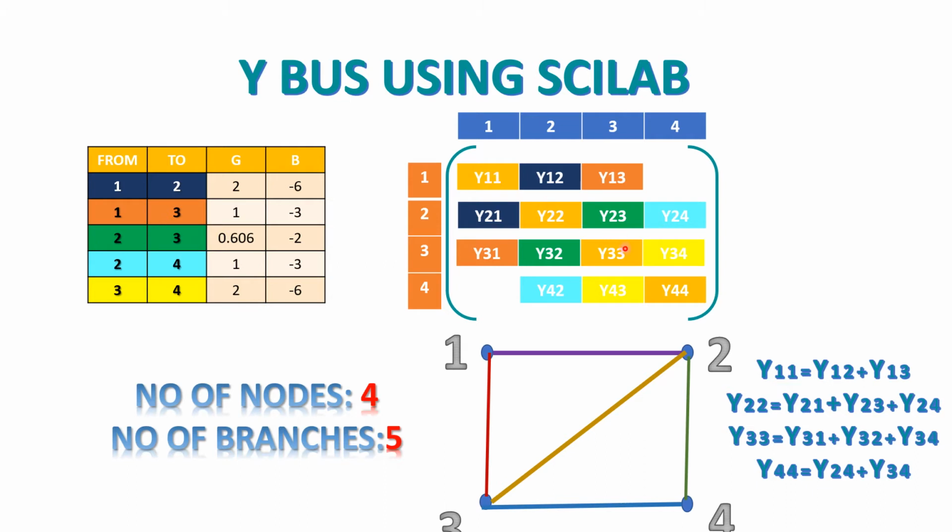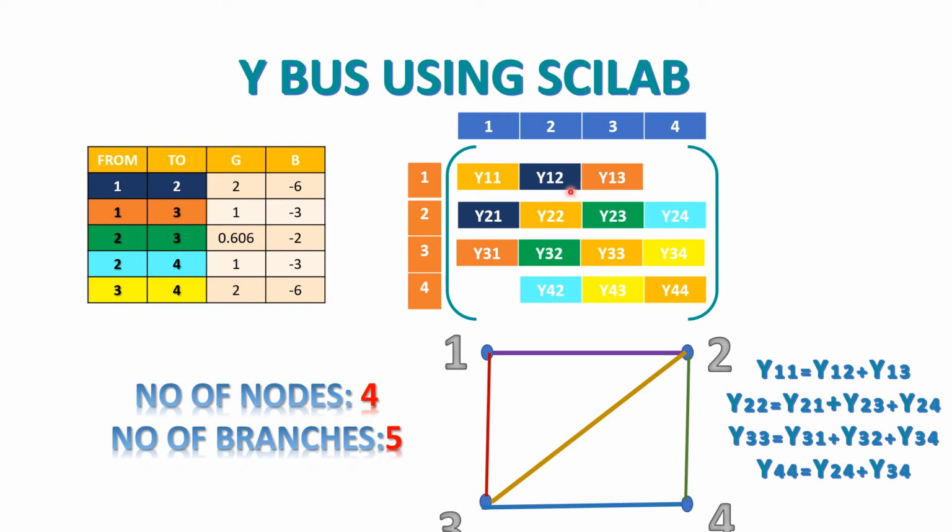Y11, Y22, Y33 and Y44 are diagonal elements, and Y13 is nothing but the admittance connected between 1 and 3. So here Y13 and Y31, and in green color Y23. So here Y23 and Y32 are the same.